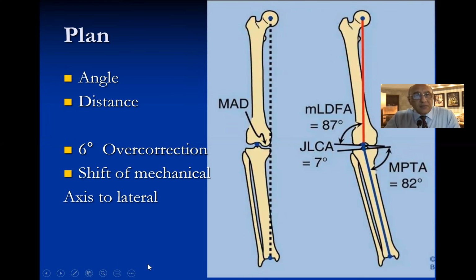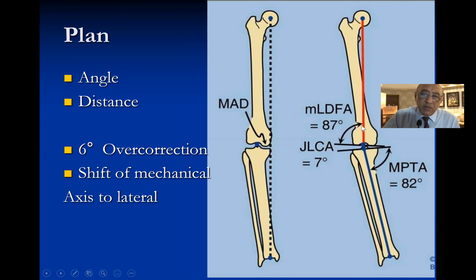Then we have to make a plan and measure the angle of correction. To measure the angle of correction, we rely on the angle or rely on the distance. In the past, we used to judge by the angle. Like in this example, if the mechanical axis of the femur makes an angle with the distal femur, or its lateral distal femoral angle, of 87, in this case it is normal.